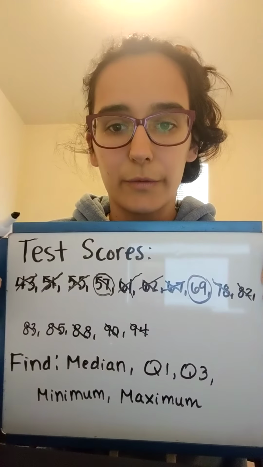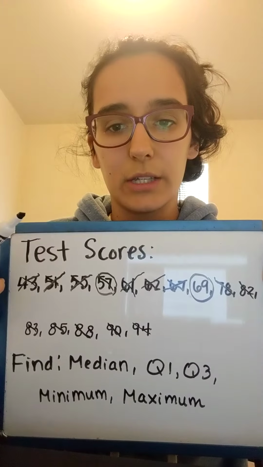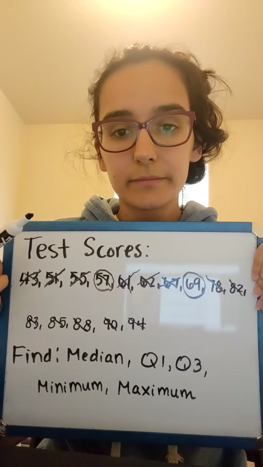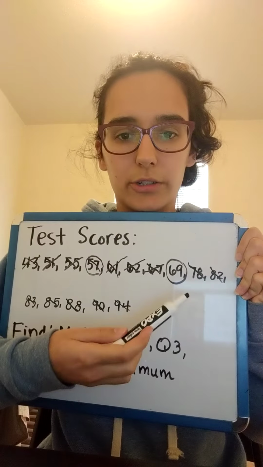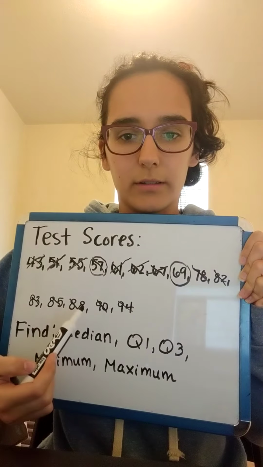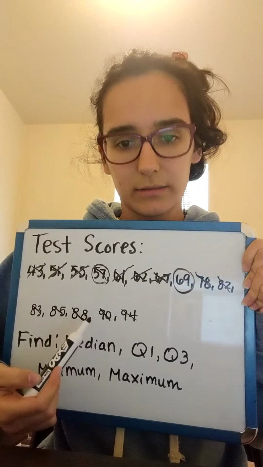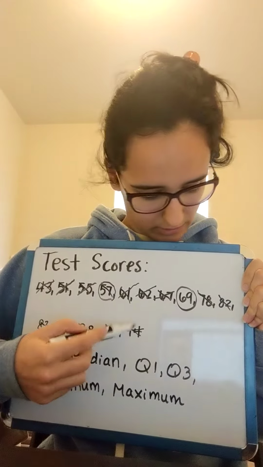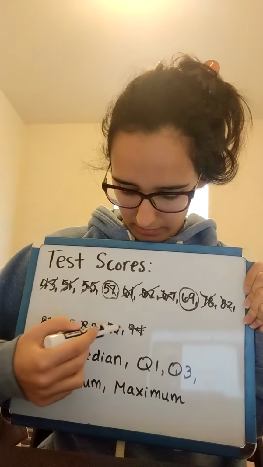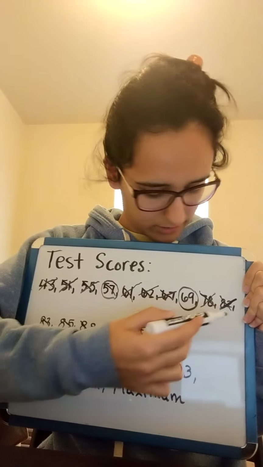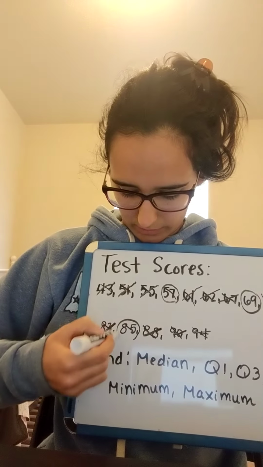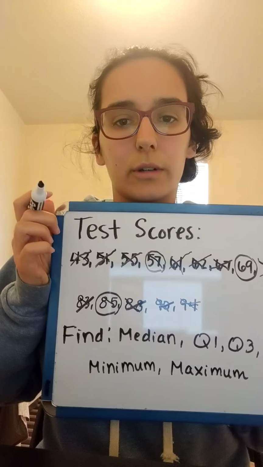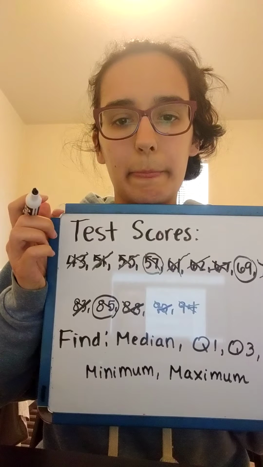So 57 is quartile 1. We do that again with the larger half to find quartile 3: 94, 78, 90, 82, 88, 83. We're left with 85 as our quartile 3 number.